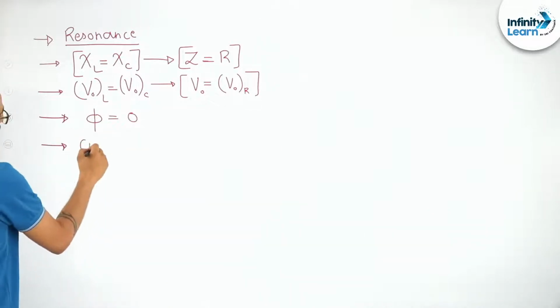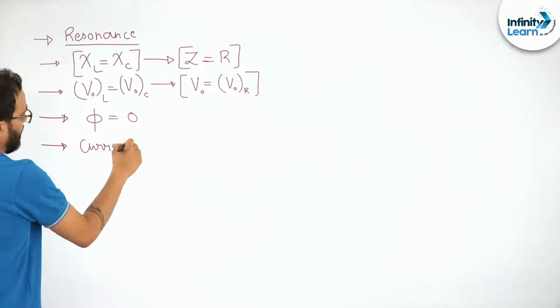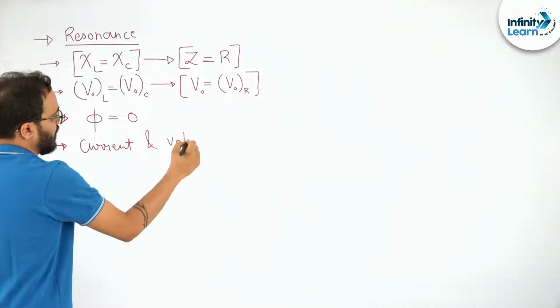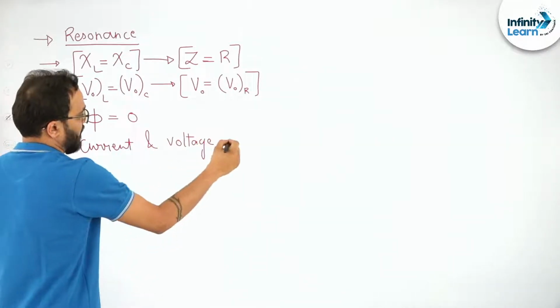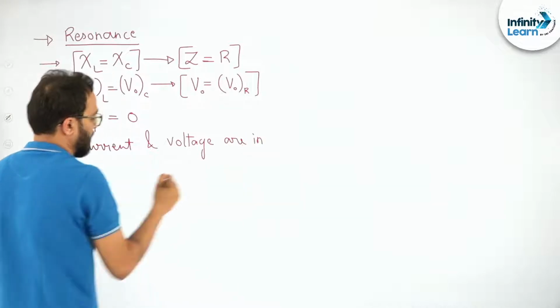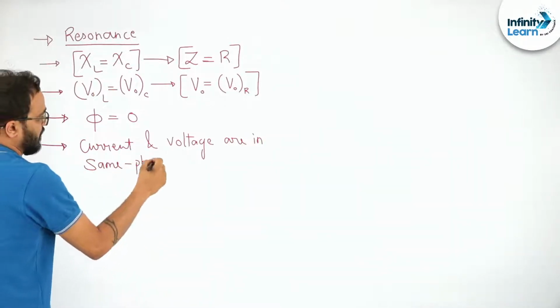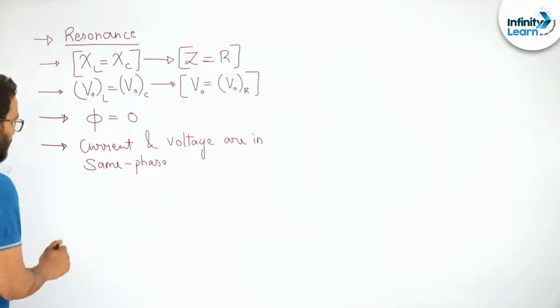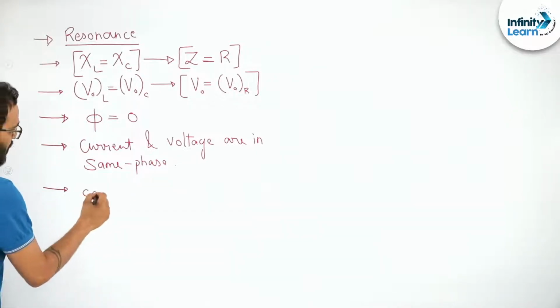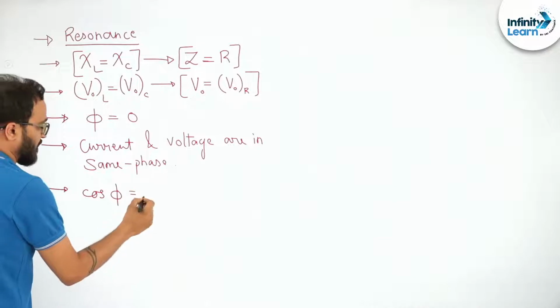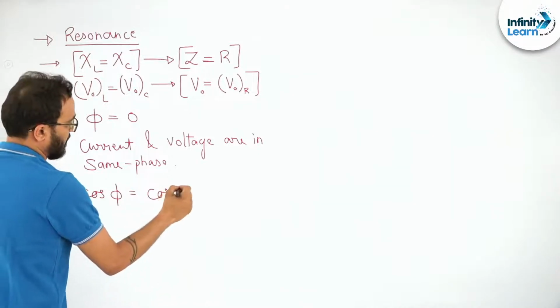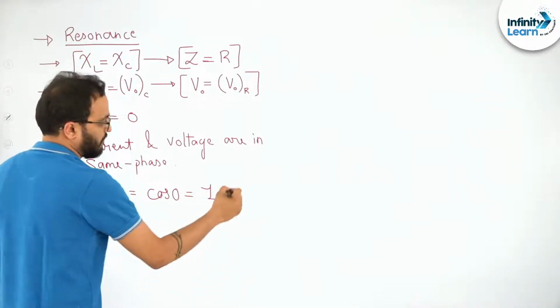That means current and voltage are in same phase. Do you understand? One more thing, cos phi, which is known as power factor, will become 1.